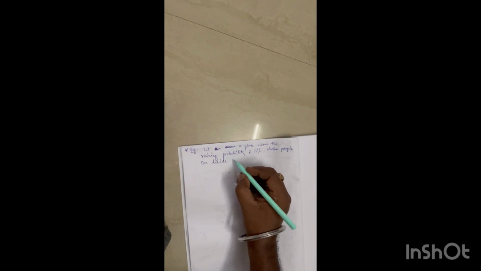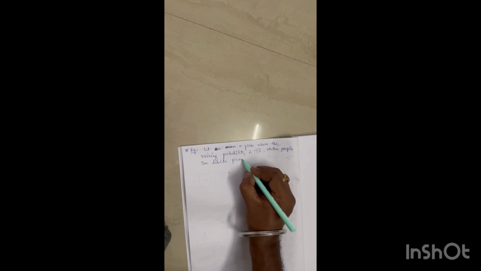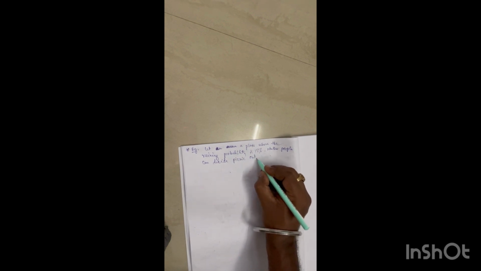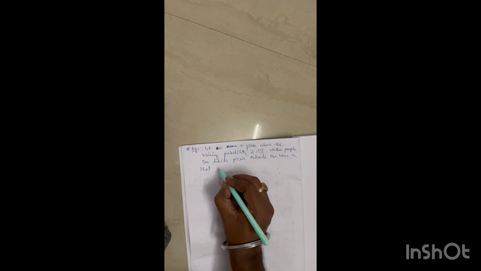So if it is the criteria whether people can decide on a picnic outside the home in that area, this probability is 15% on a certain time.